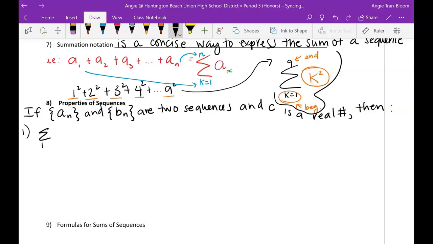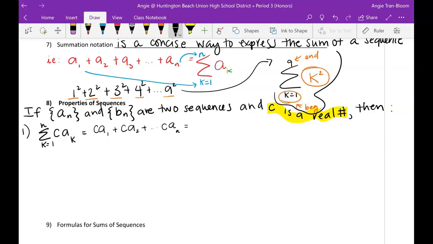The summation of k equals 1 to the nth term of c times a subscript k equals... So if I give you the summation starting at k equals 1 and ending at the nth term of c times a subscript k, where c, according to this definition, is a real number, meaning it can be anything it wants to be, then this is the same thing as c times a subscript 1 plus c times a subscript 2 plus, skip a few, c times a subscript n.